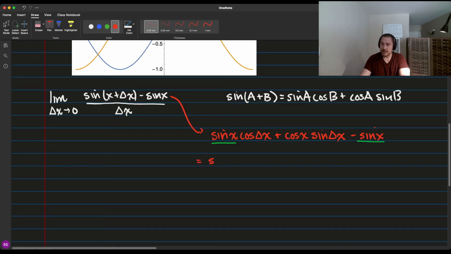So you can factor out a sine x, and you get cosine of delta x minus 1 plus the cosine of x sine delta x. Did I do that right?